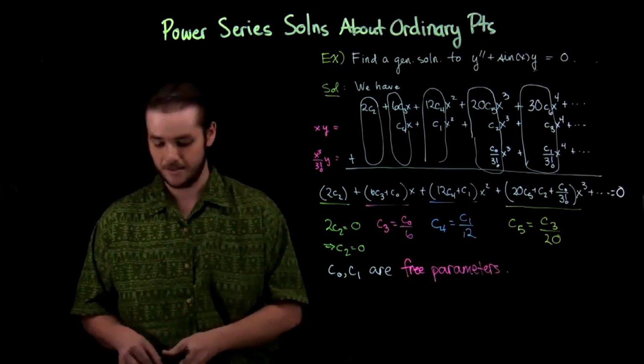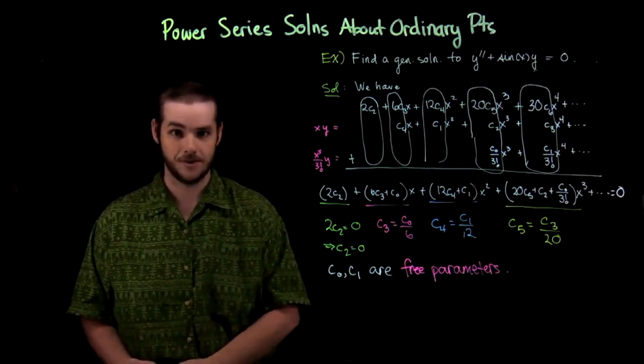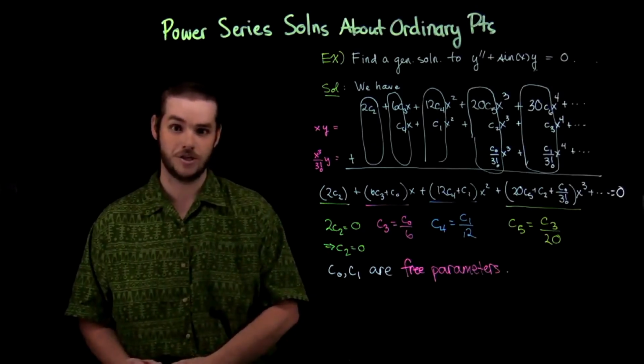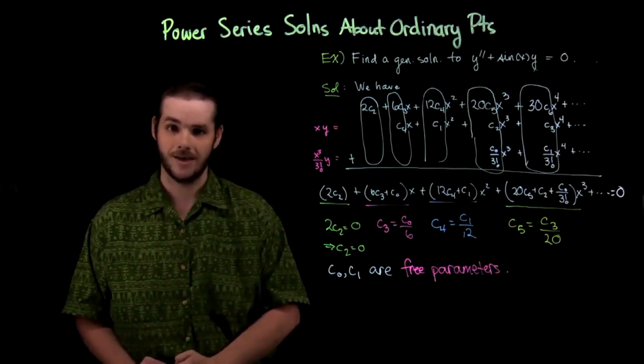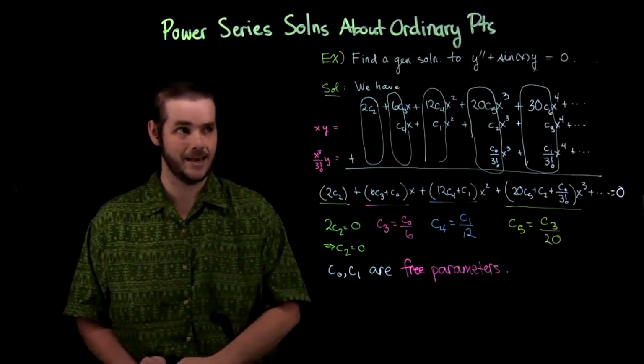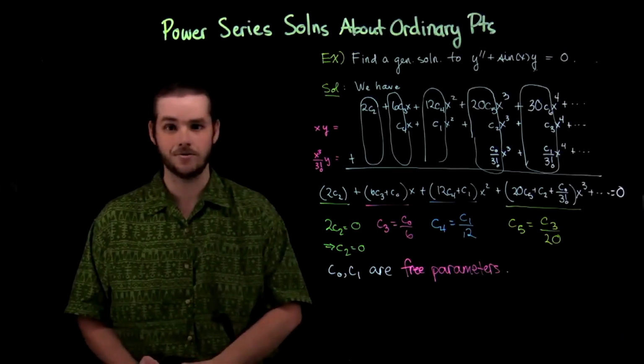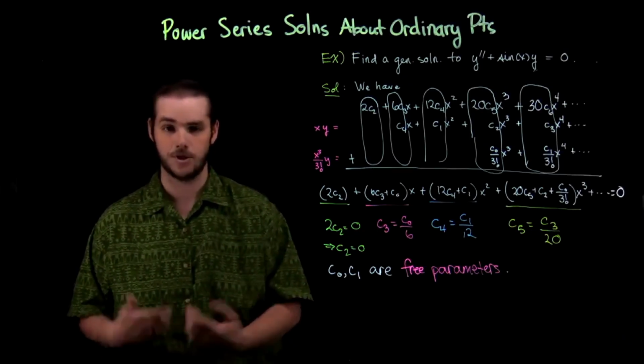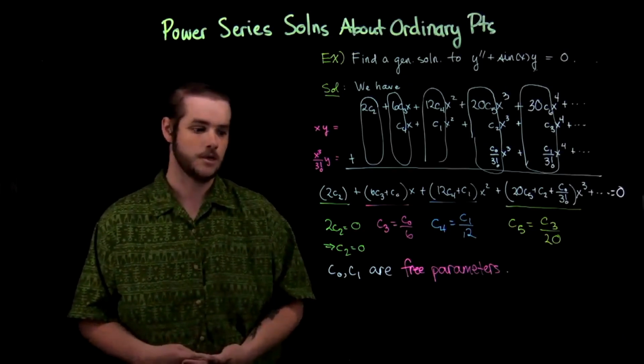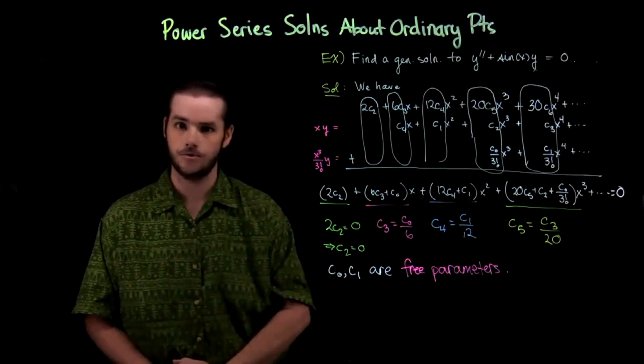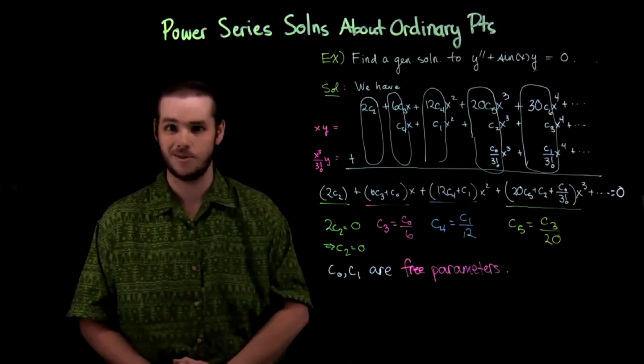Remember that there are many, many solutions to these linear homogeneous differential equations. And at the end of the day, since this is second order, we really only need 2 fundamental solutions, or 2 linearly independent ones. So we can just choose arbitrarily c0 and c1.